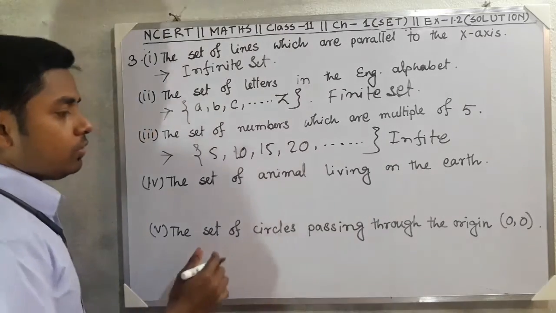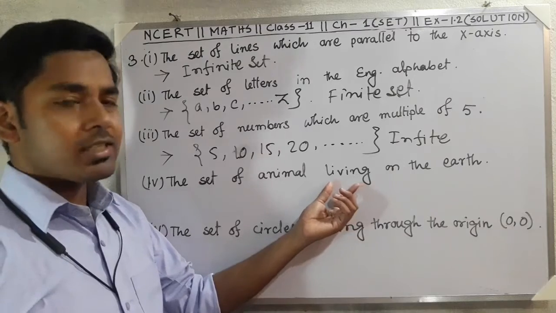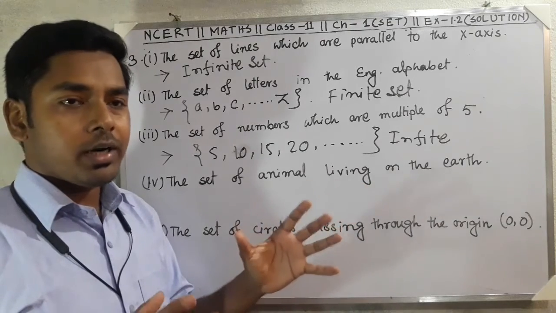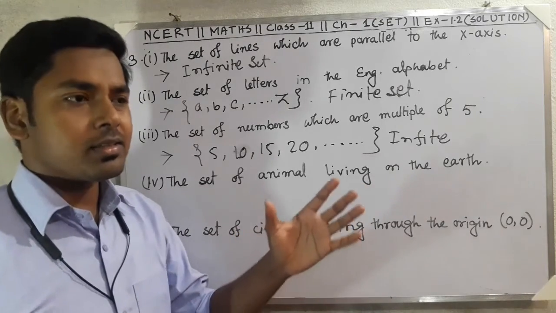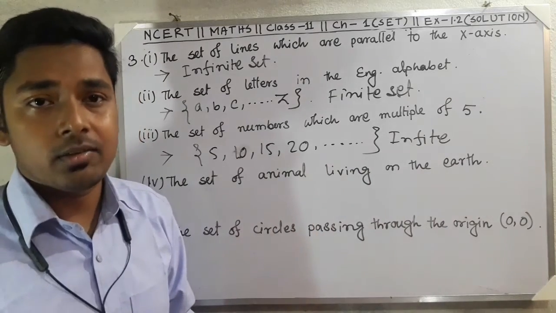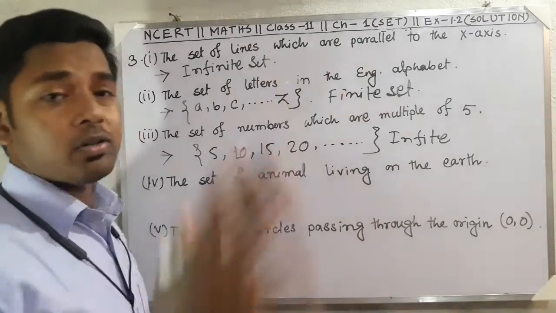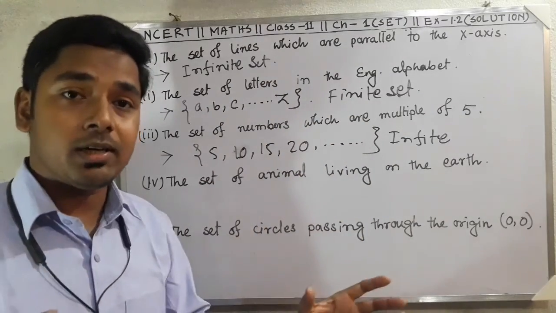Okay. So we know the quantity of animals is quite big, but it is a finite set. There are a lot of animals.